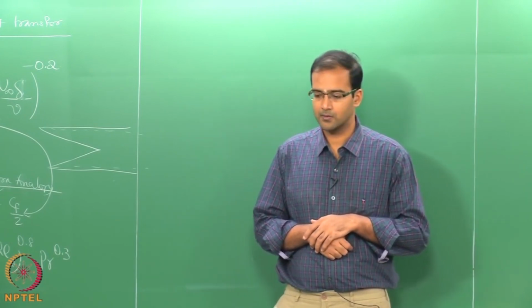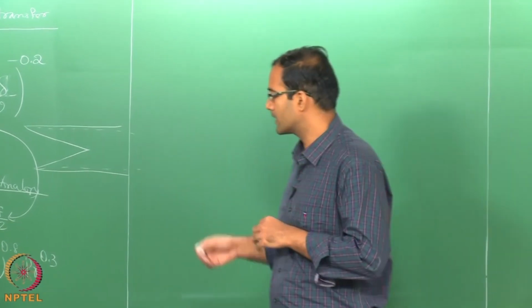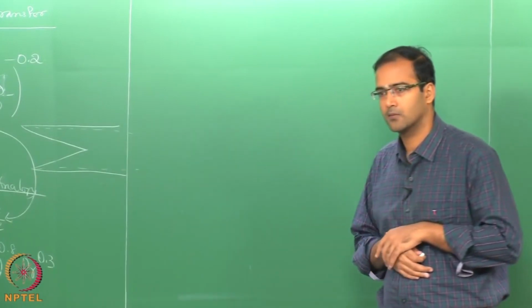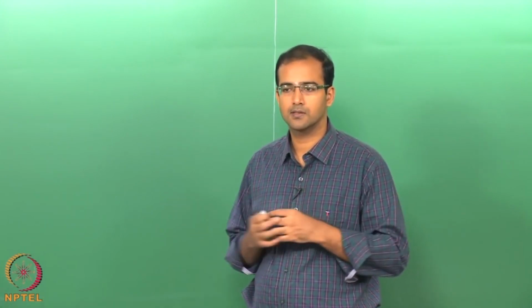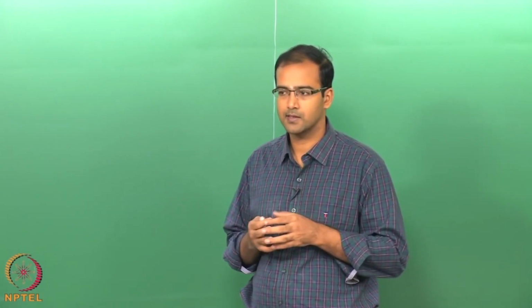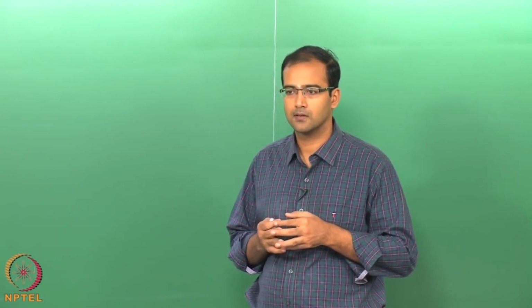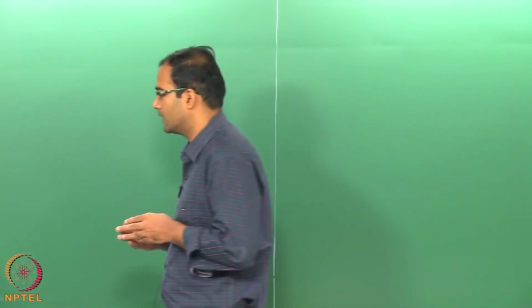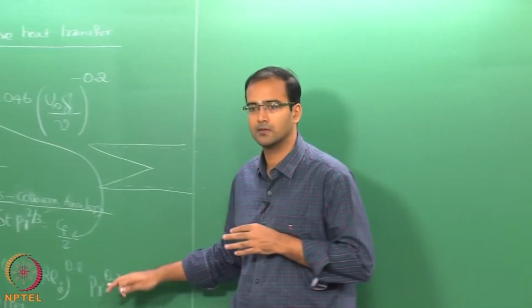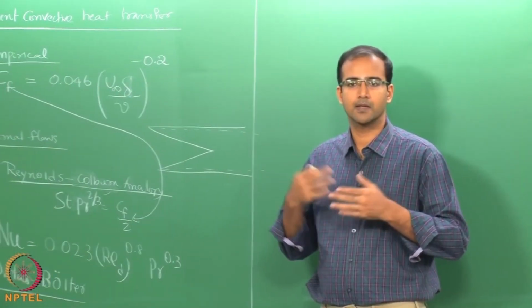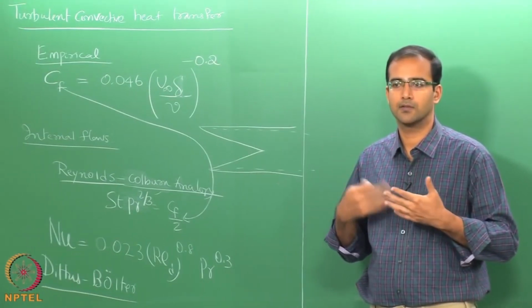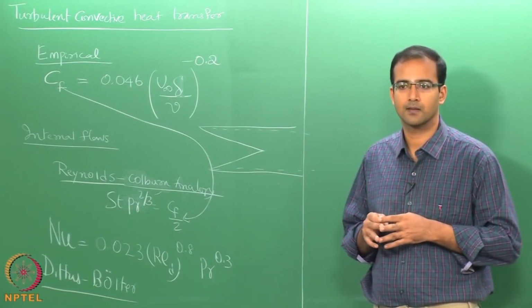Okay. So, this is a very popular correlation, you know. You find in most engineering applications, people use the Dittus-Boelter correlation without having to worry about the accuracy of this, how it has been derived, and still it gives a reasonably good prediction within something like plus or minus 15 to 20% of the experimental data, right.